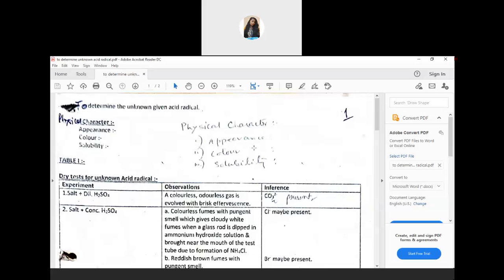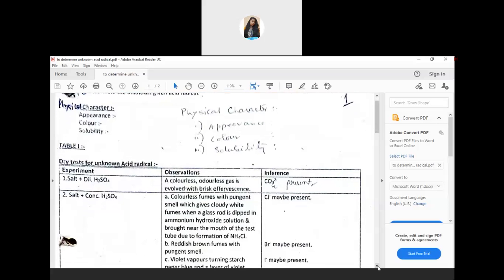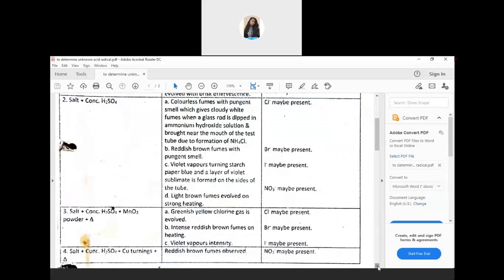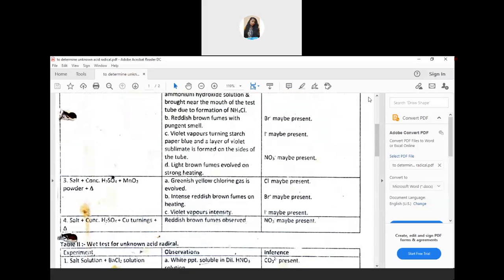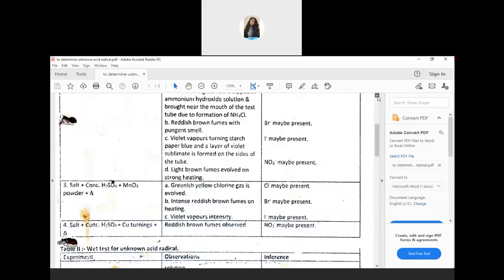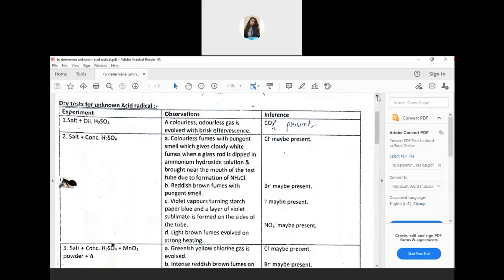For the dry test, you have to do four tests. Dry means the test tube or the container cannot have moisture; you have to dry the test tube or apparatus. First, take a pinch of salt in a test tube and add dilute H2SO4.